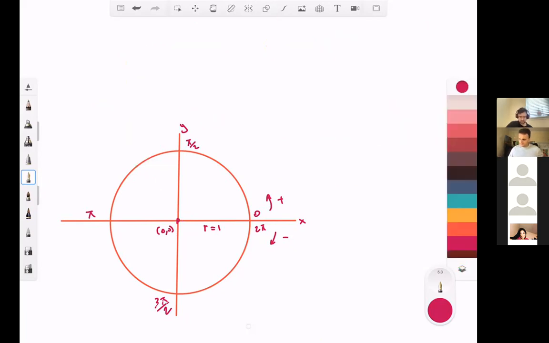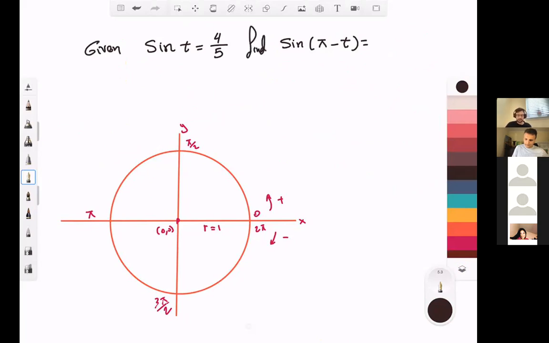Another type is, for example, sine of t equal to 4/5. They're asking what is sine of pi minus t. So given this, find this.